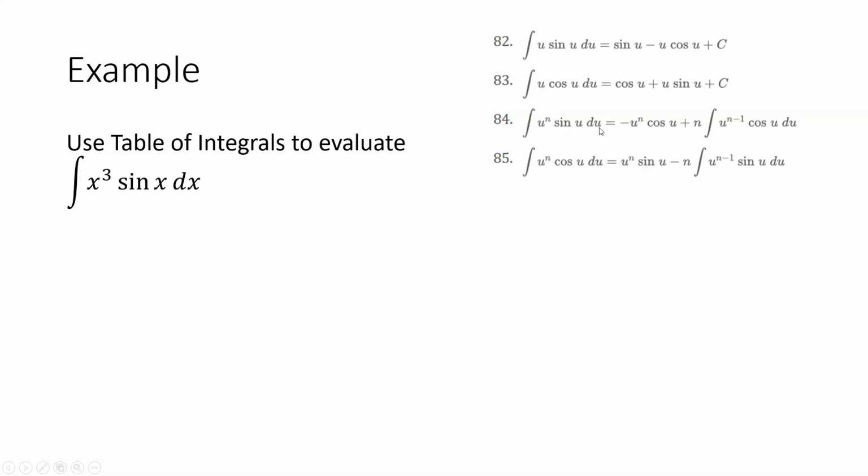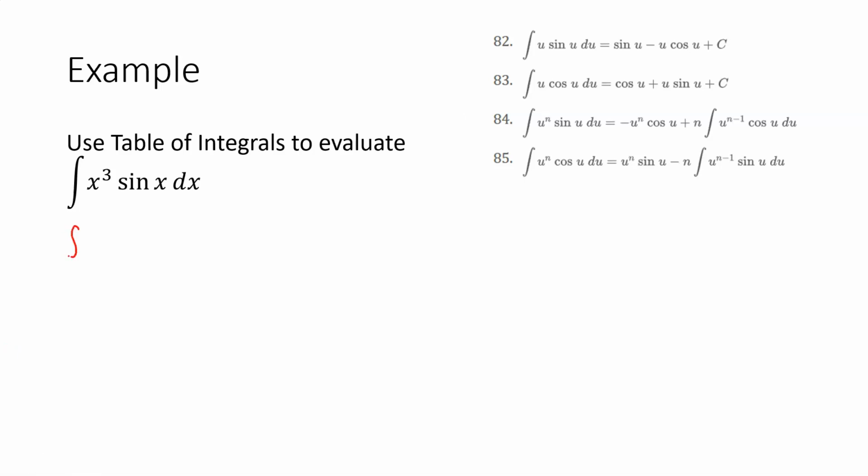Notice all this does is it reduces it to another integral with 1 degree lower in the integral. So you can imagine what they're actually doing here is just doing integration by parts. So essentially this integral formula here was obtained by doing integration by parts. And we can in fact do this integral ourselves, doing integration by parts multiple times. But now I'm just going to use this formula instead to kind of work around that.